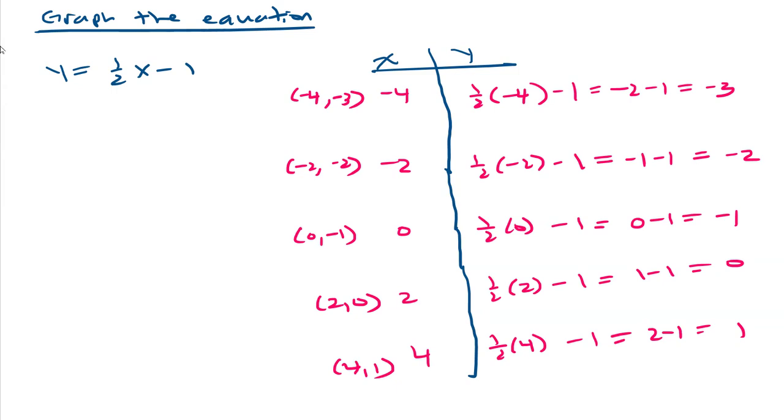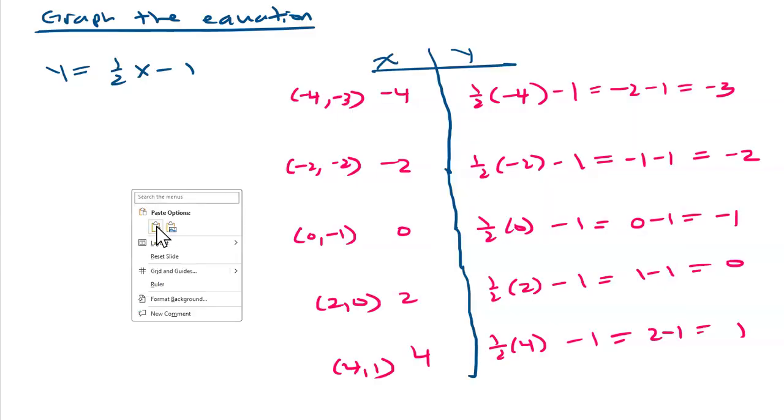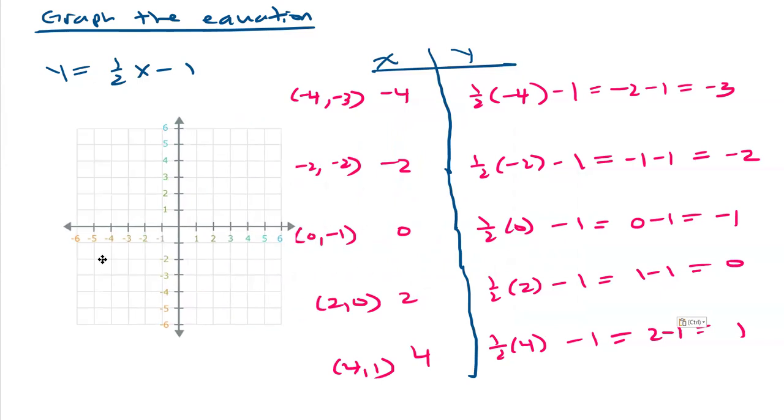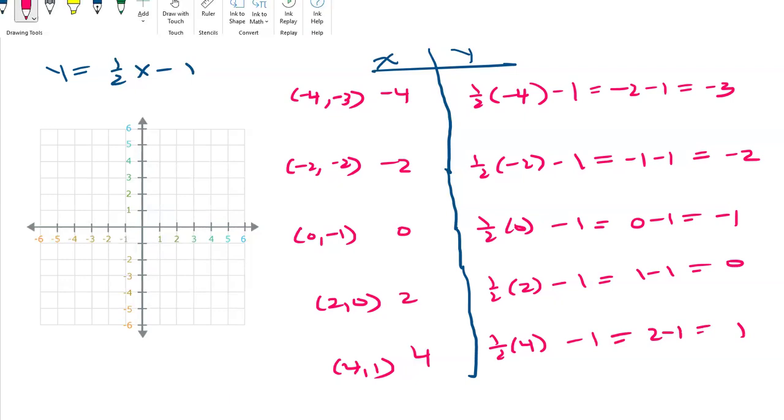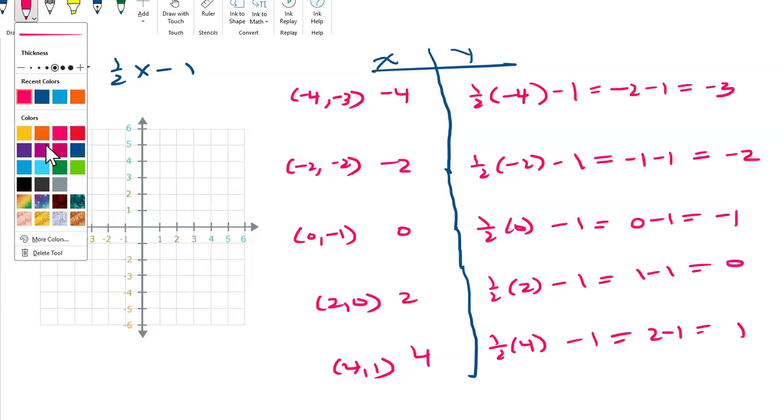Then I just graph them on my coordinate plane. Again, you want to pick numbers that make it easier for you to graph. A lot of times if you didn't know what this graph looked like, just pick numbers from the left side of 0 and the right side of 0 and see where it leads you.